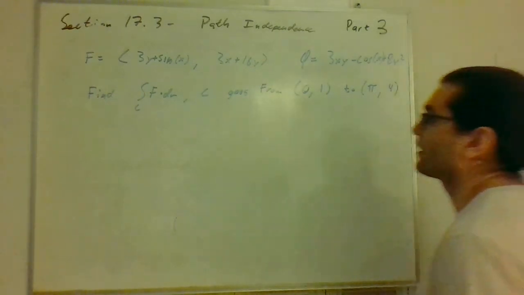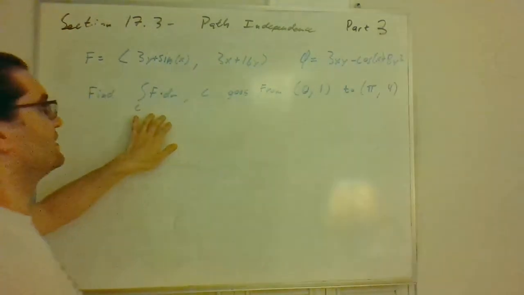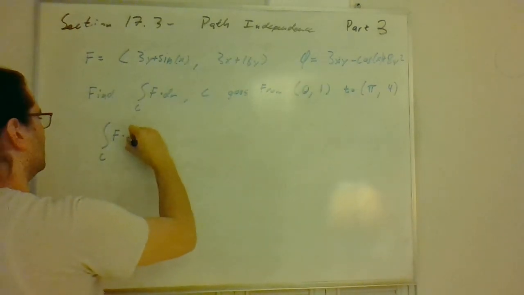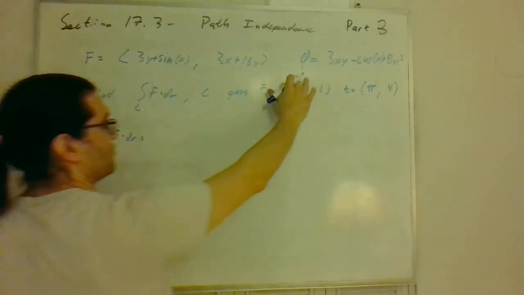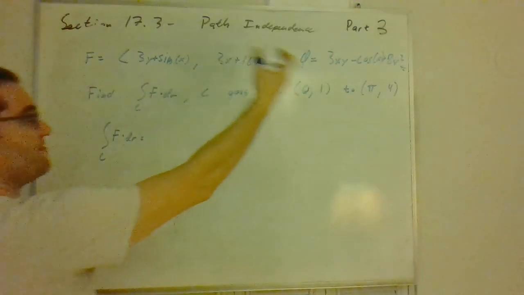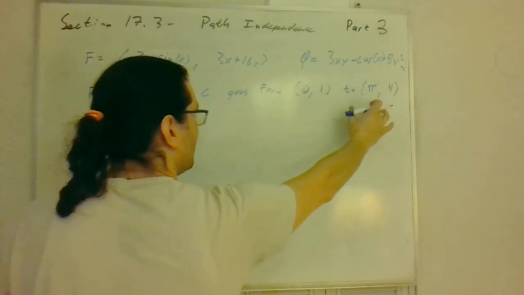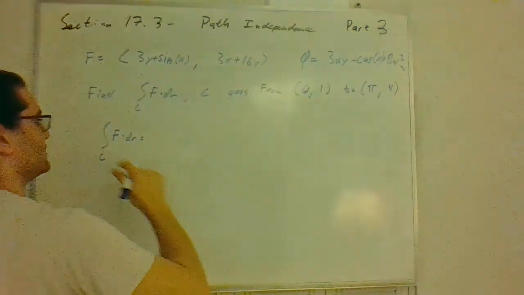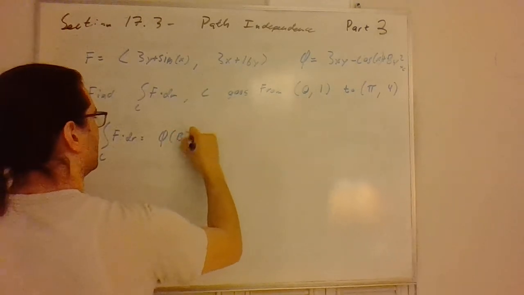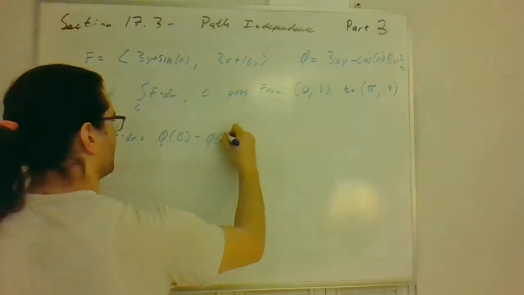So instead of doing the line integral, I'm going to evaluate what is effectively the antiderivative at the start and the end point, and subtract them.